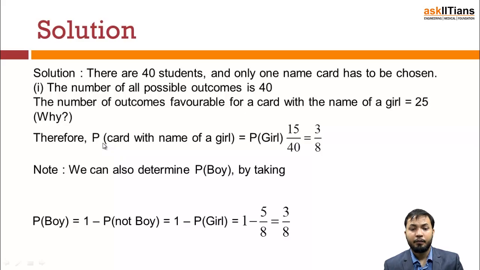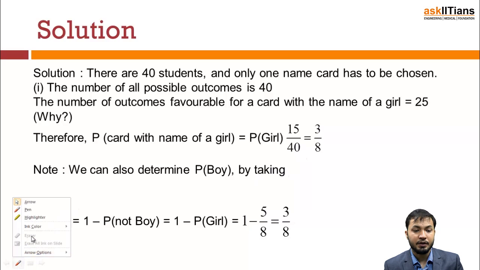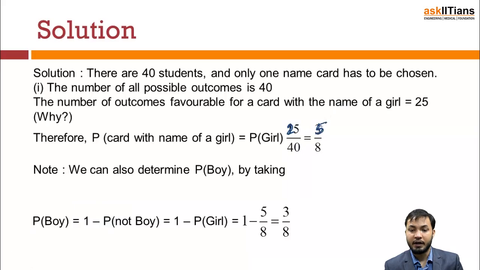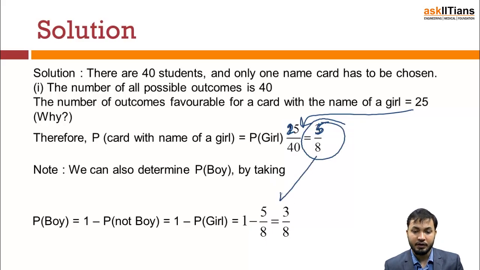Therefore, the probability of the card with the name of a girl is 25 by 40, that is 5 by 8. So we can determine P of boy as 1 minus P of girl. Actually this is 25 here, so this will give me 5 by 8. And the probability of getting a boy is 3 by 8.